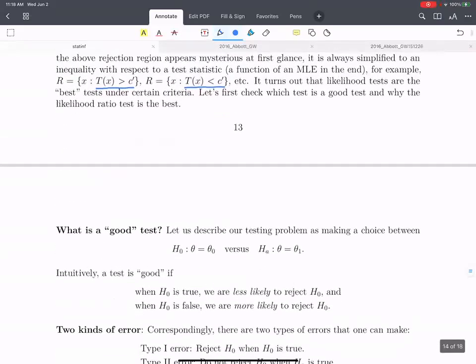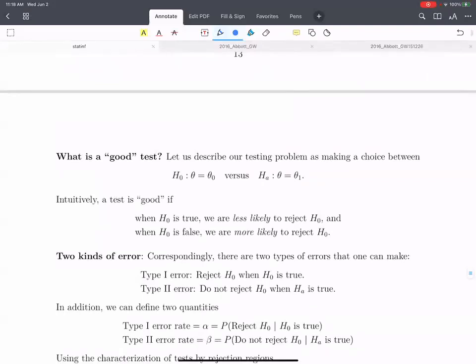In order to see why this likelihood ratio test is best, we need to define what a good test is. So what is a good test? In the simple hypothesis testing setting, a test is good if, when the null is true, we are less likely to reject the null.